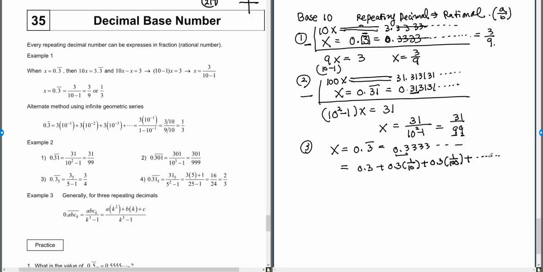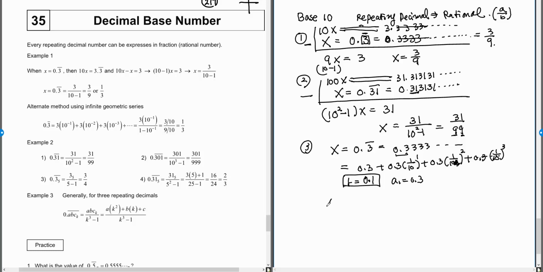Okay, you keep going. 1 over 100 is 1 over 10 squared, right? The next will be 0.3 times 1 over 10 to the third power, 1,000. So actually this is a geometric series. The common ratio is 1 over 10 or 0.1. The first term is 0.3, isn't it?